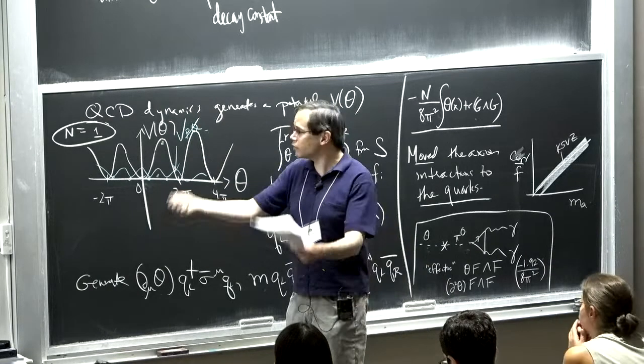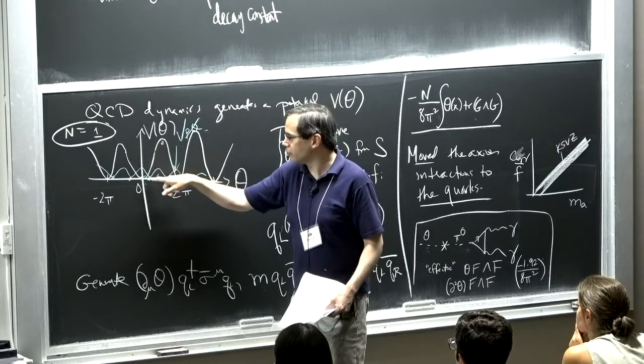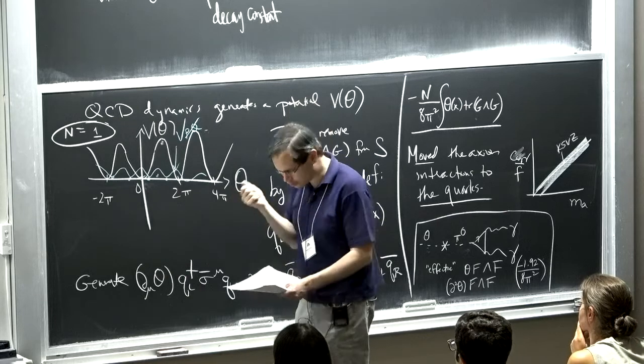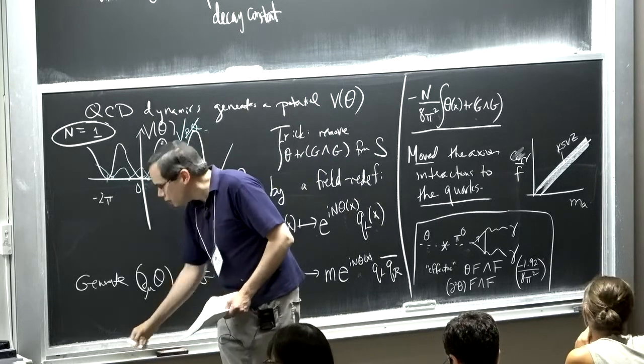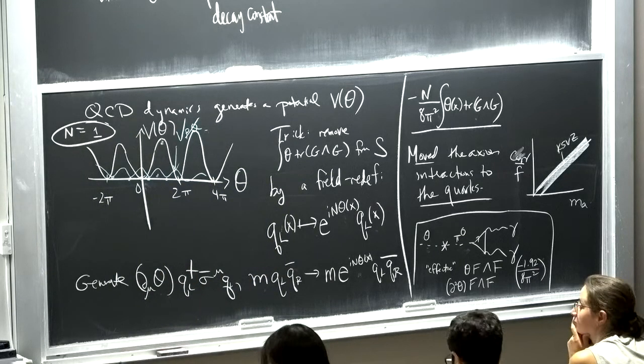It has to be even much smaller than that because it can't just displace this by a little bit. It has to be less than 10 to the minus 10. Okay, so this is a really strong requirement on this new potential.